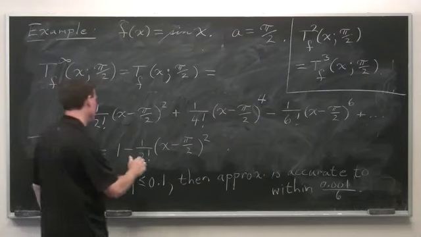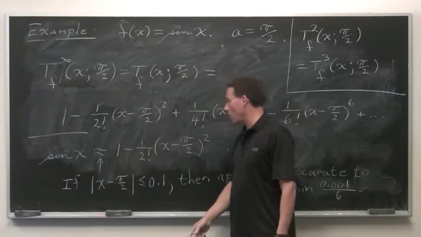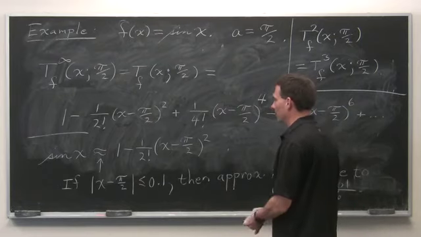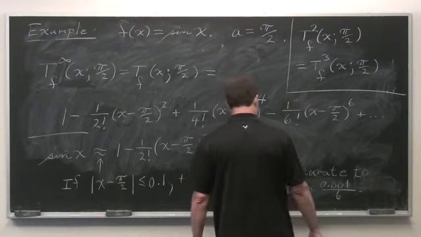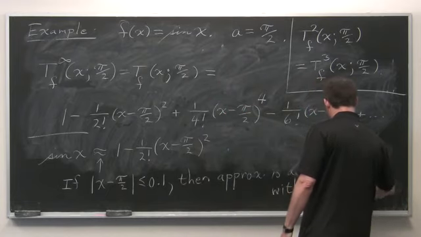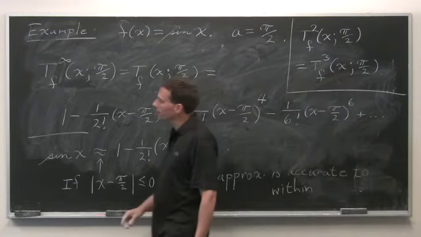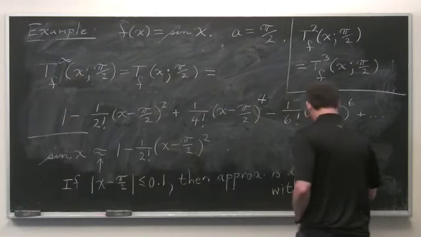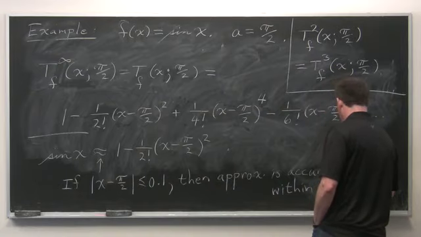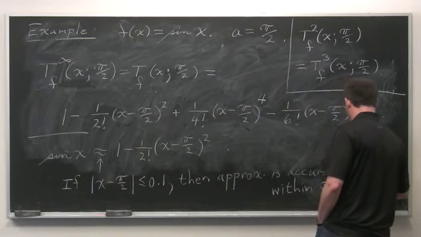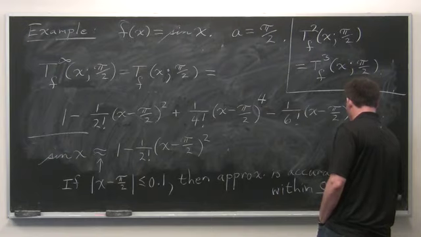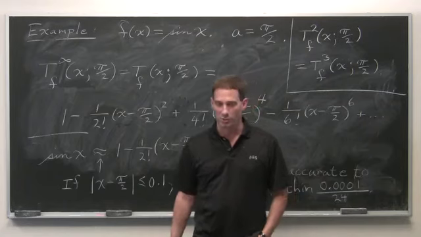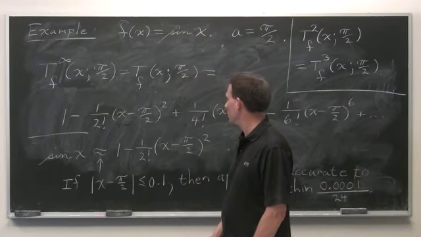It tells us that this approximation that we already thought was really good, accurate to within 1,000th over 6, is actually better than that. It has to be accurate to within a 10,000th divided by 24, 0.0001 divided by 24. So actually this is a stunningly accurate approximation for x close to pi over 2.